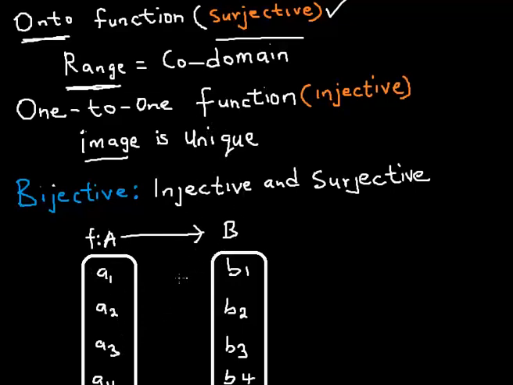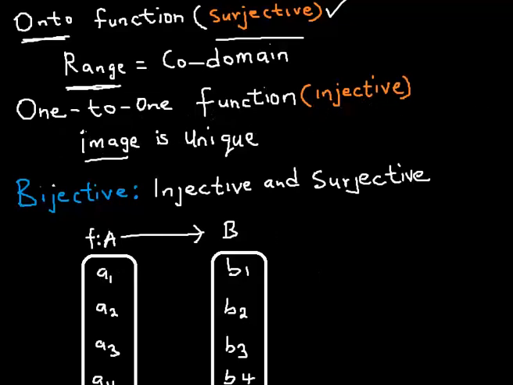They will always have different, unique images. So no one image of the codomain is mapped to two different elements of the domain. So everything is one to one. That's why it's called one to one, and of course, it's an injective function.